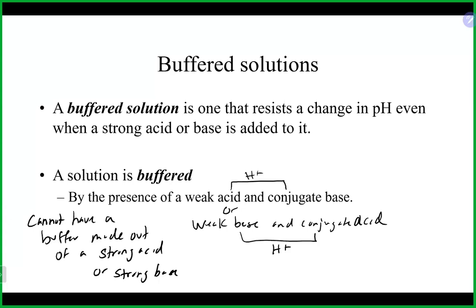And the reason why it's able to do that is a weak acid or a weak base is a weak electrolyte. And if you remember, a weak electrolyte will mainly stay together, but break apart a little bit.